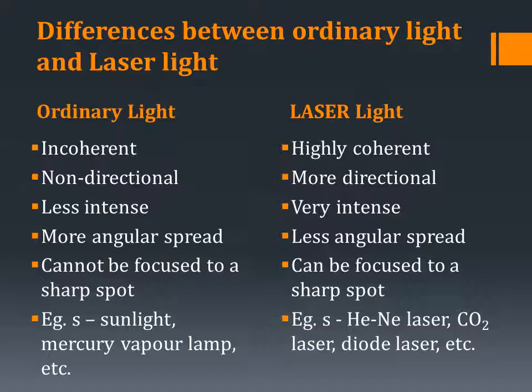There is more angular spread to ordinary light, whereas laser light has less angular spread, and therefore ordinary light cannot be focused to a sharp spot, whereas laser light can be focused to a sharp spot. Some examples of ordinary light are sunlight, mercury vapor lamp, etc. And for laser light, we have the helium neon laser, carbon dioxide laser, diode laser, and many more.